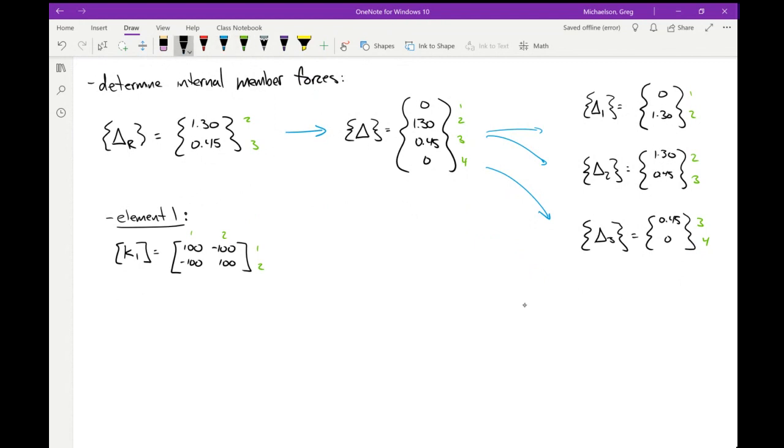And now we have a displacement vector that's like this. So if F equals K delta, maybe what we ought to do is multiply these, right?